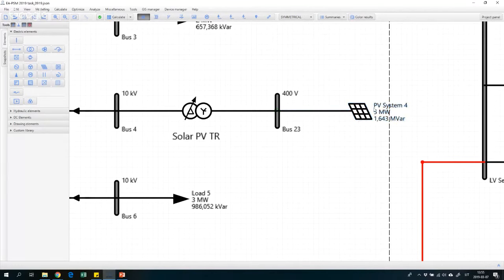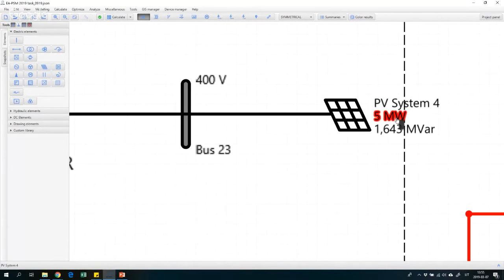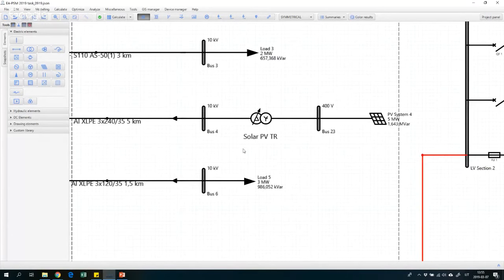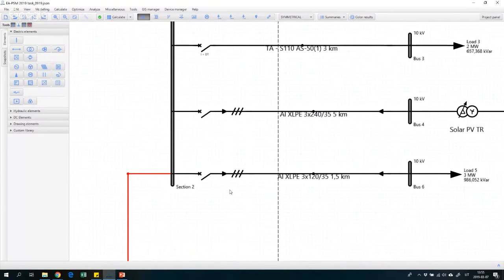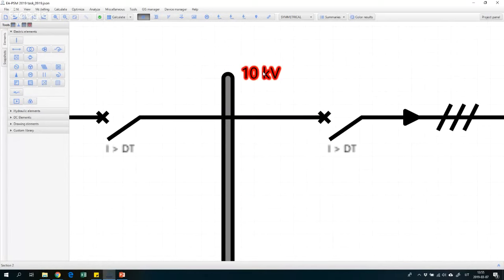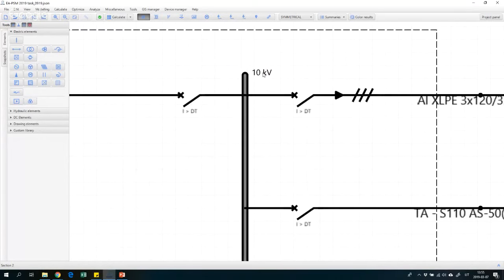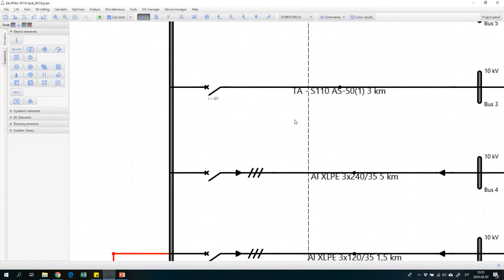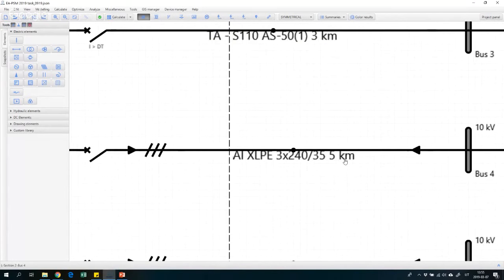In this case we will analyze a 5 megawatt solar power plant, and we will try to connect it to a 10 kilovolt distribution network. We will assume that this solar power plant is 5 kilometers away from the substation of the distribution network.